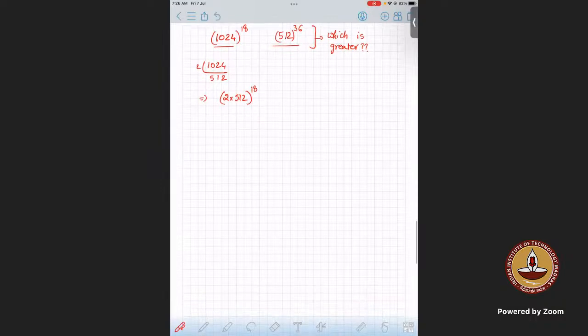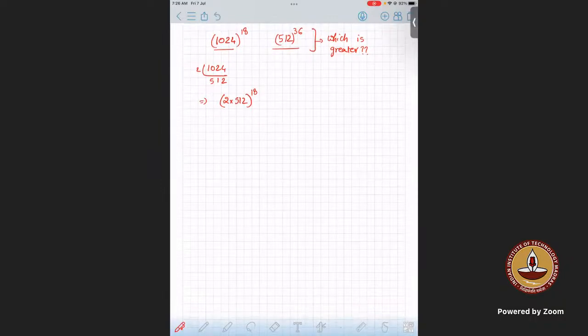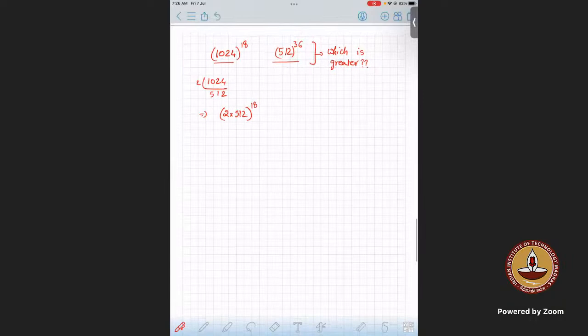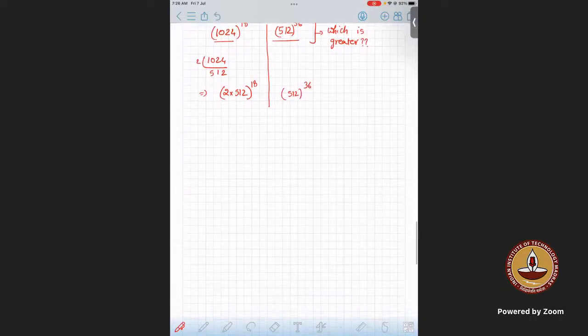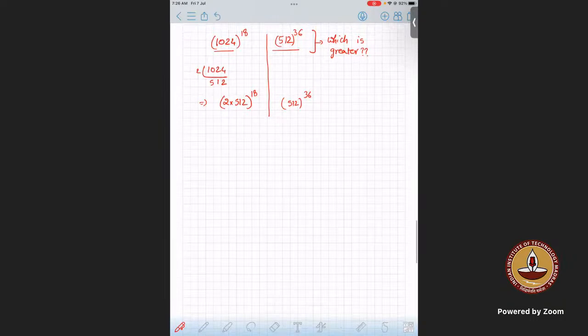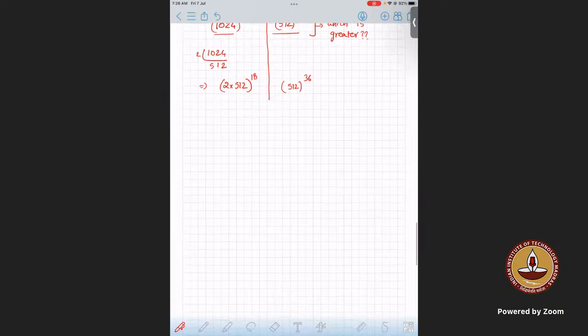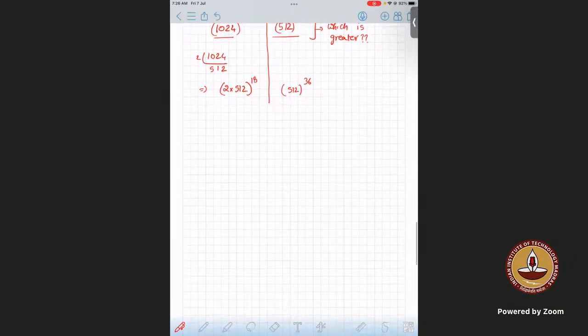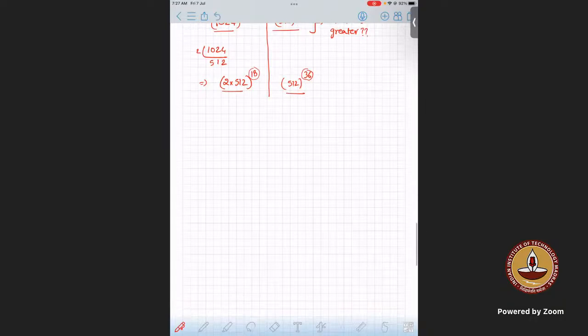Then coming to 512 whole power 36. Now listen carefully. We can't compare these two directly. Why? Powers are different and bases are also different.